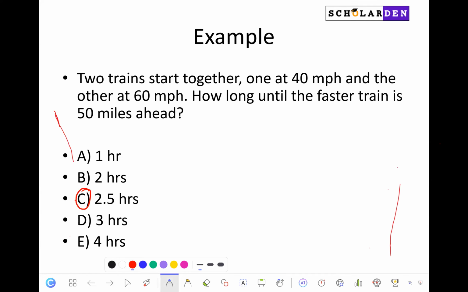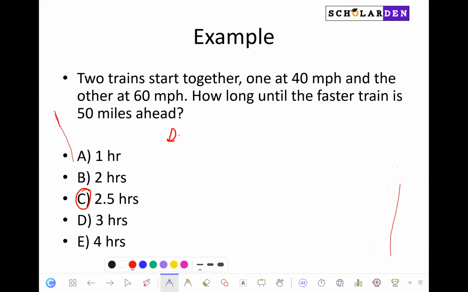Let's say we assume that the answer is 2.5 hours. What does that mean? That means that the train traveling at 40 miles per hour, in 2.5 hours, how much is it going to travel?